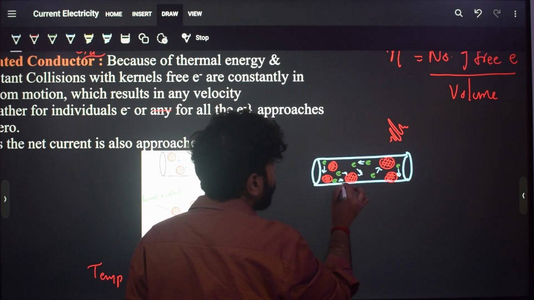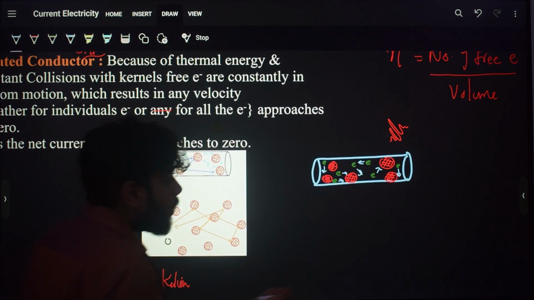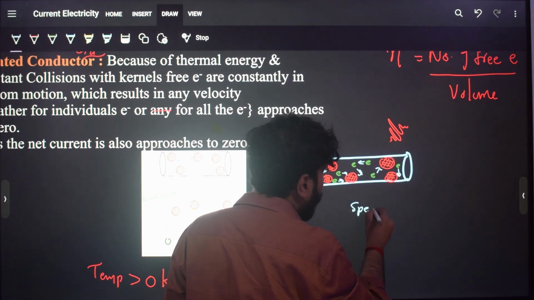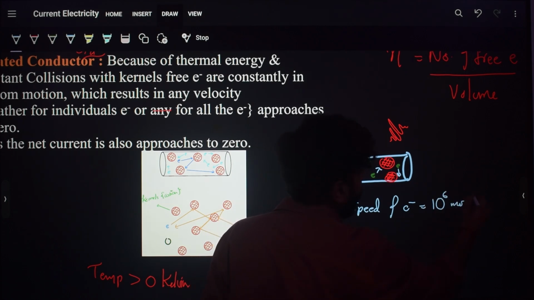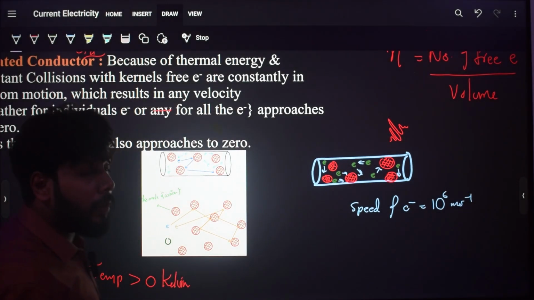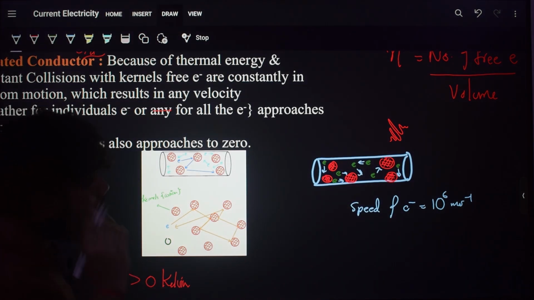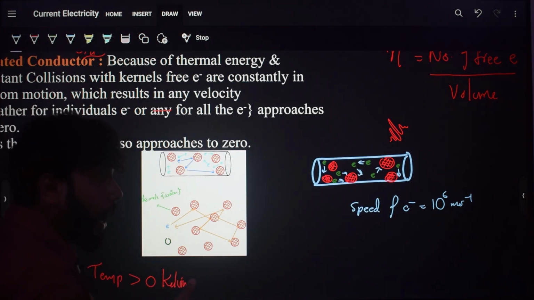They will be moving here and there and so forth. And the speed of an electron is not ordinary or small. It is 10⁶ meter per second. It is 1/100th of the speed of light. It is a very large speed, and because of this constant motion they are producing current.